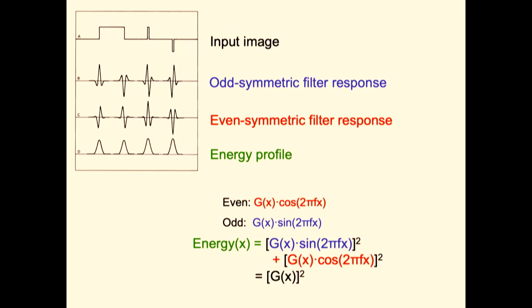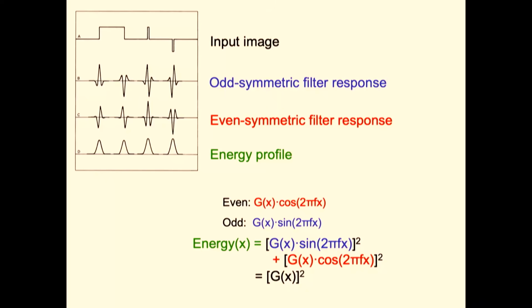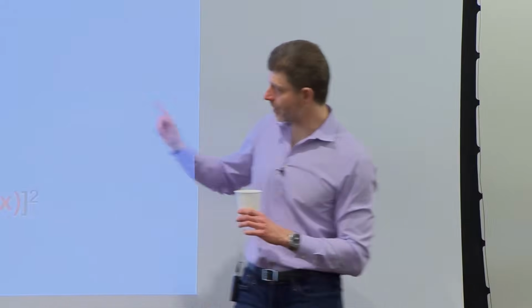And we now have a third row in our primary visual cortex response graph for edges and lines. The bottom row is energy computed from the combination of the odd symmetric and the even symmetric responses by squaring them and summing them.